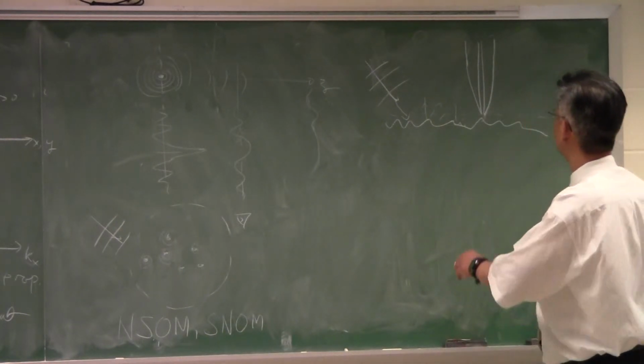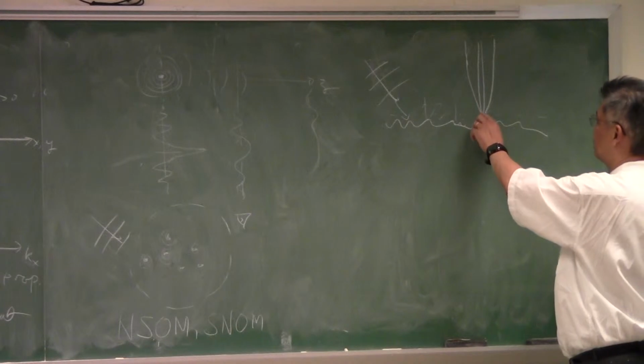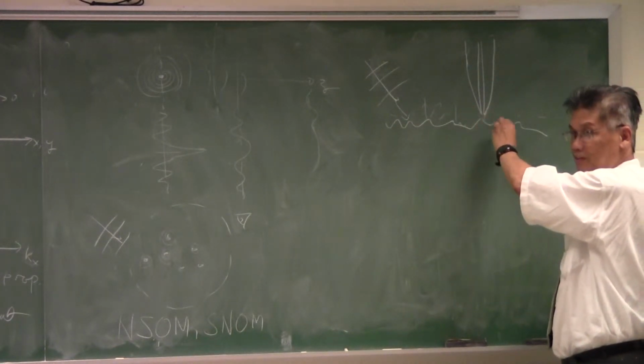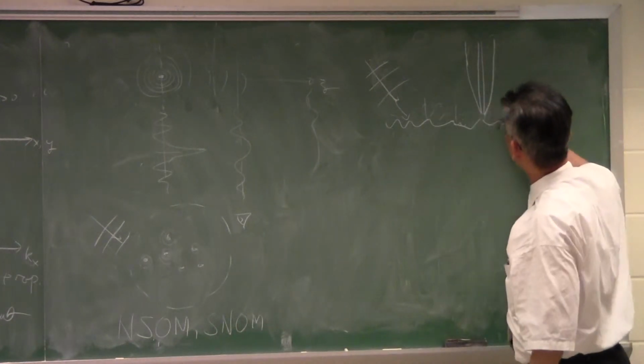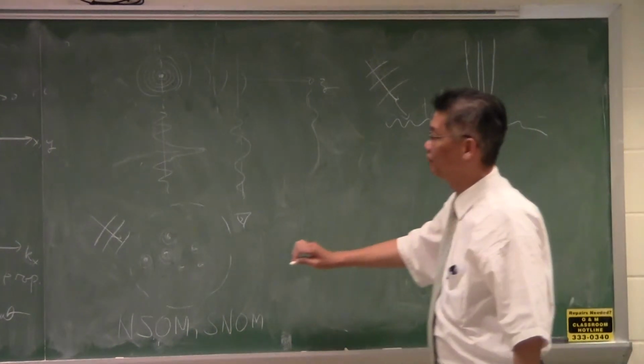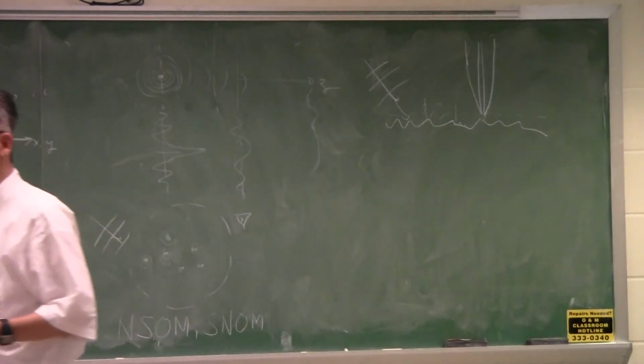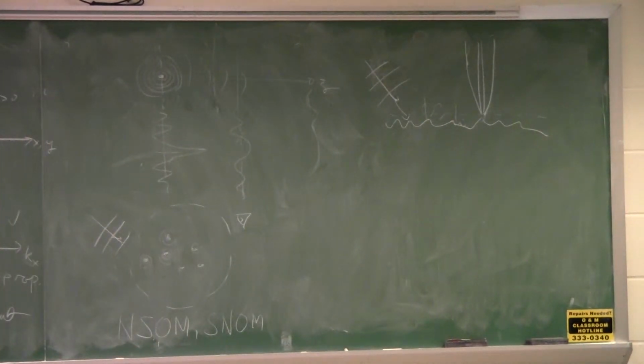You sharpen the tip so much that this optical fiber probe will pick up some optical field very close to the surface, and you scan this optical probe on the surface to pick up the evanescent component. And that will give you a very highly resolved image of the surface, much more resolved than what you can achieve with the Rayleigh limit.